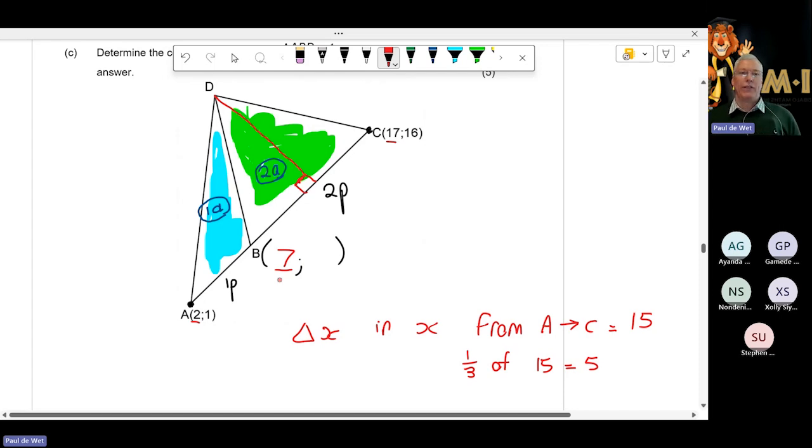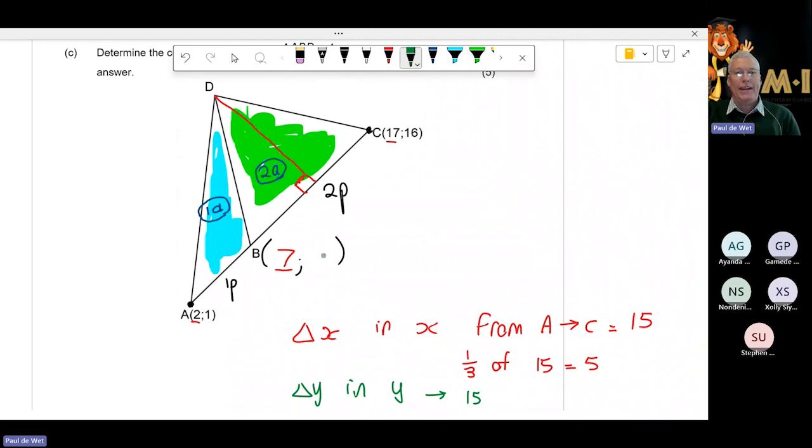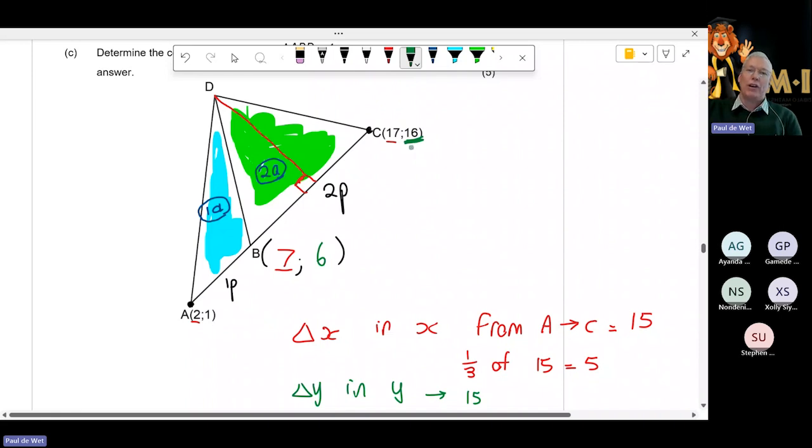It always makes sense. Okay, what is happening to my y value when I go from point A to point C? How much is it growing by? Also 15. And 1/3 of 15 is 5. So I can either start here, add 1 lot of 5 and get 6, or I can start here and take away 2 lots of 5. 2 lots of 5 is 10 and I get 6.